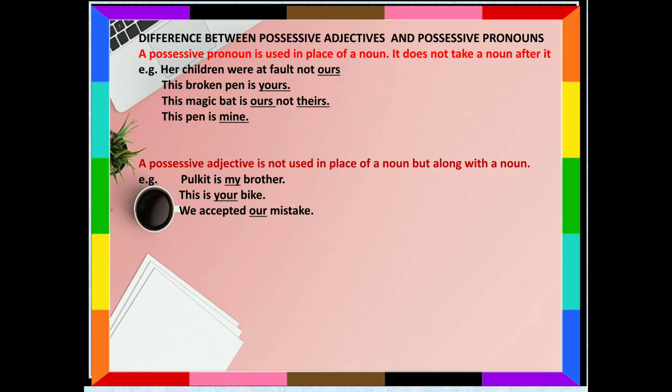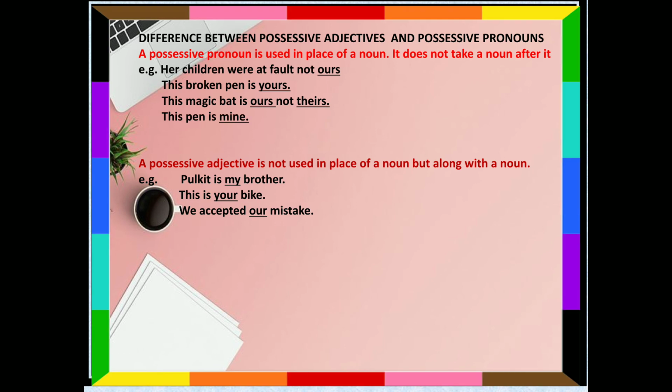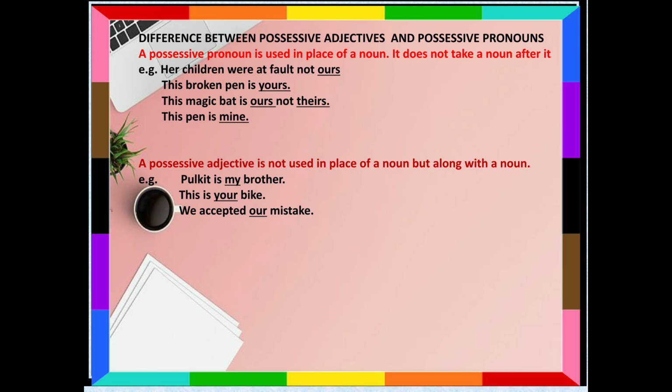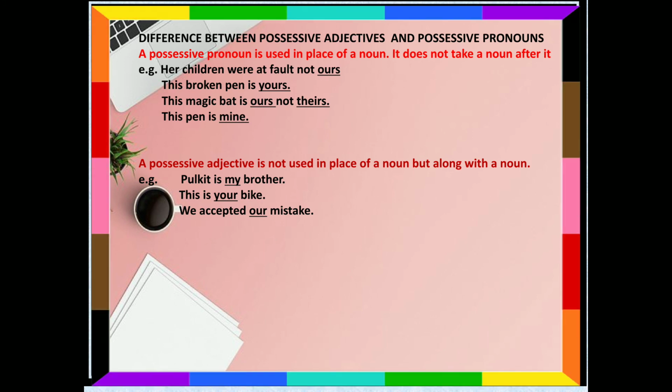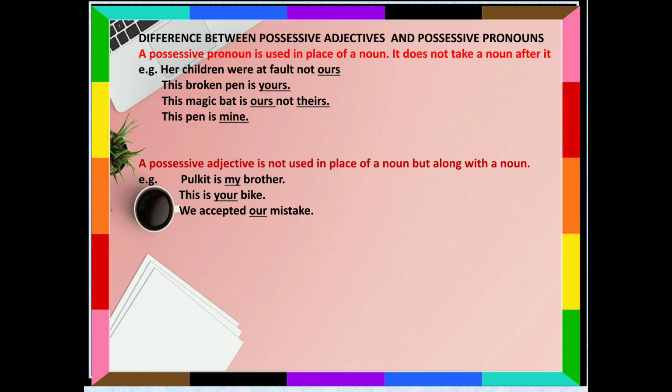So all the underlined words, all these are possessive pronoun and we are not using noun after it. Okay. But a possessive adjective is not used in place of a noun but along with the noun. Means when we will use possessive adjective, it will be used along with the noun, before the noun.